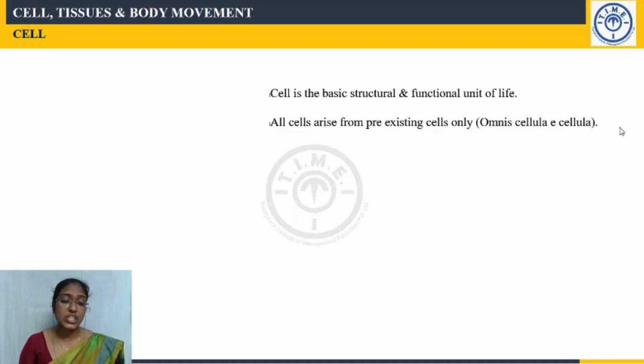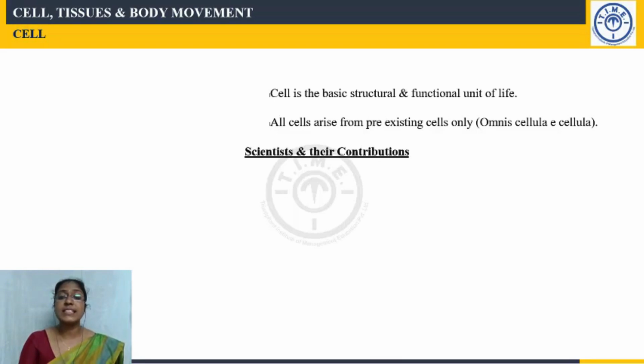These two points were contributed by Schleiden and Schwann. The third point, that all cells arise from pre-existing cells, was put forward by Rudolf Virchow, who modified the theory.